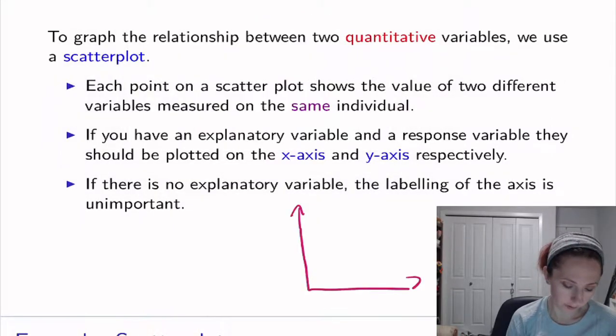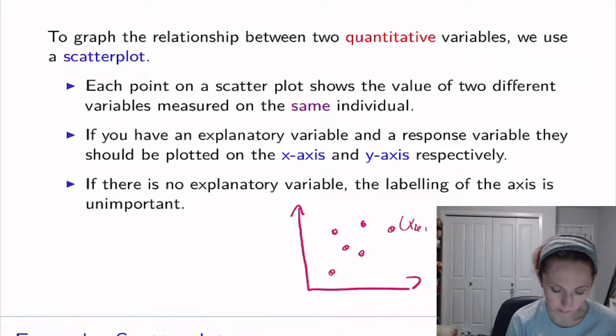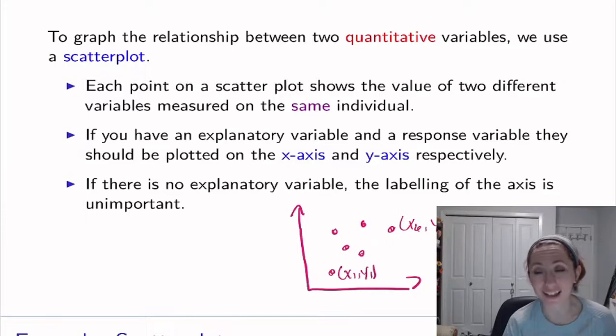I'm going to have a bunch of points, and each of these points is going to have some sort of x,y coordinate. So this is my 6th observation, maybe this is x6 and y6, and this one has coordinate x1, y1. I am trying to show what my relationship is by looking at single observations that simultaneously have an x and a y value.